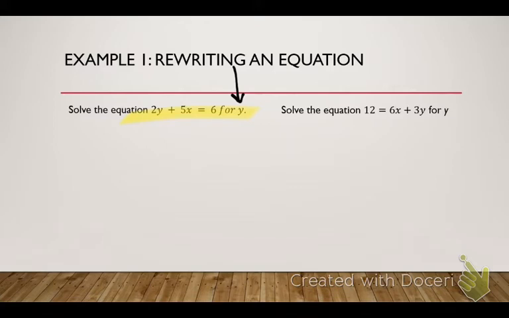So we have the equation 2y plus 5x equals 6, and we are isolating y. We're solving for y. Okay, rewriting. All right, so 2y plus 5x equals 6.